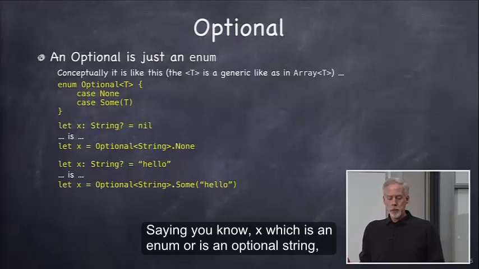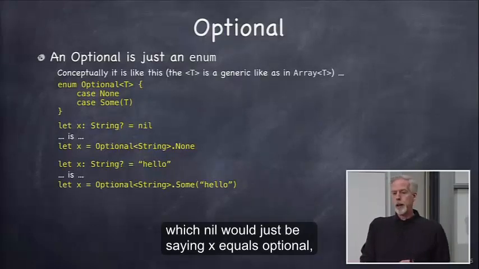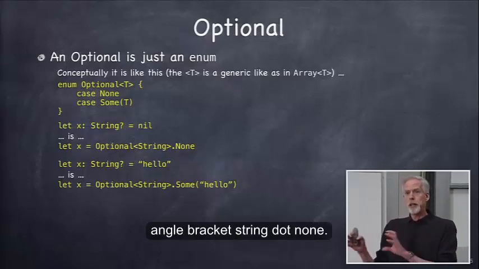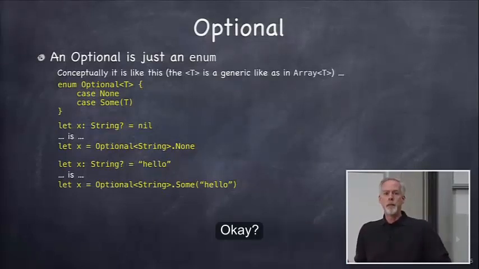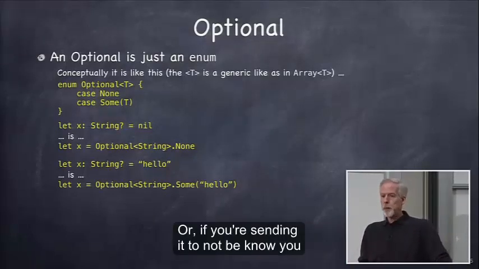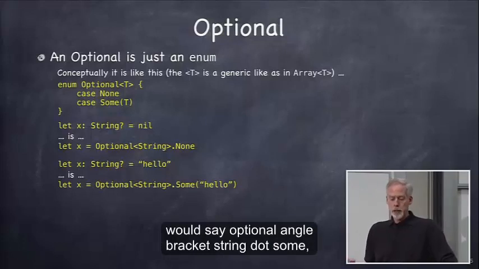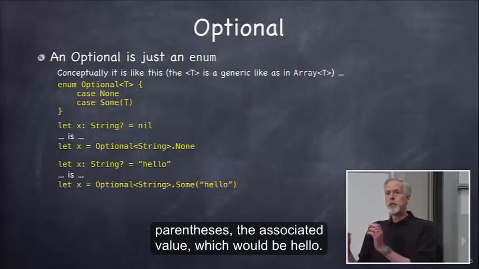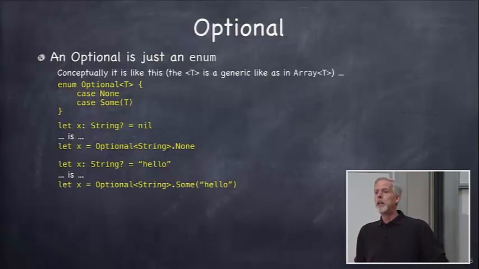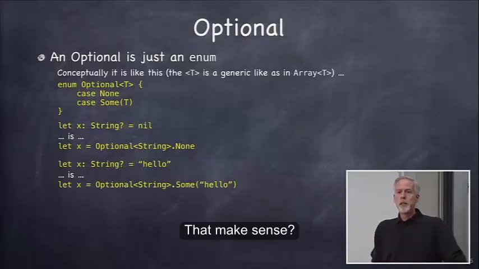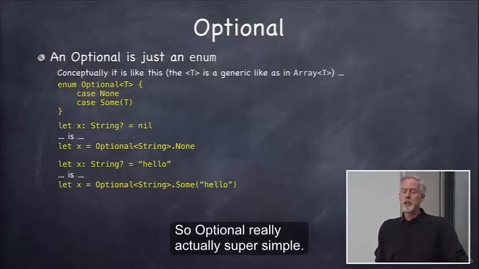Saying x, which is an optional string, equals nil, would just be saying x equals Optional angle bracket String dot none. Or if you're setting it to not be none, you would say Optional angle bracket String dot some, parentheses, the associated value, which would be hello. Does that make sense?